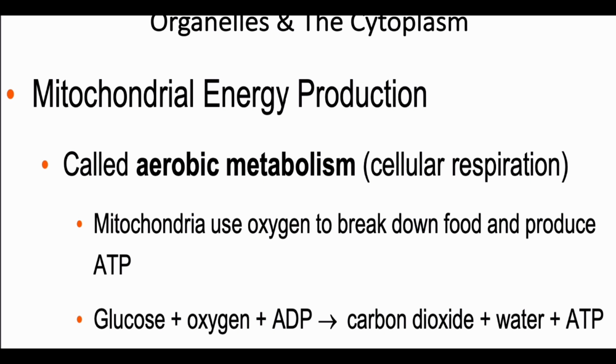Those go into another series of chemical reactions called the electron transport chain, which will yield another 30 to 34 ATP molecules. So in total, you gain anywhere from 36 to maybe 39 ATP molecules in aerobic cellular respiration.